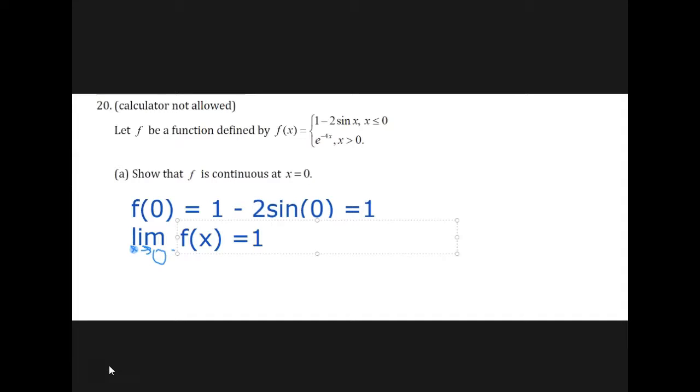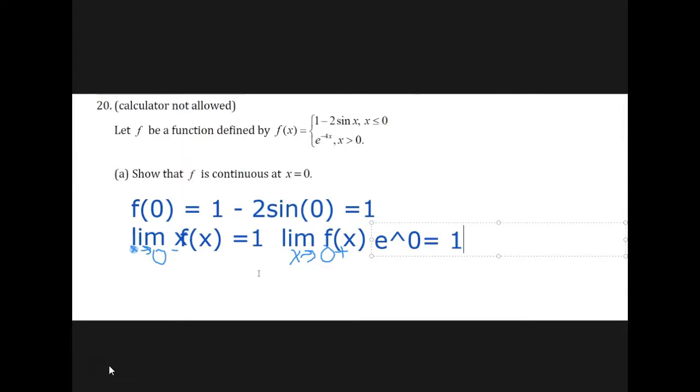And then you have to look at the limit as x approaches 0 from the right of f of x. That would come from the bottom function. So that would be plugging in 0 in here. So you get e to the 0. Well, anything to the 0 is 1.